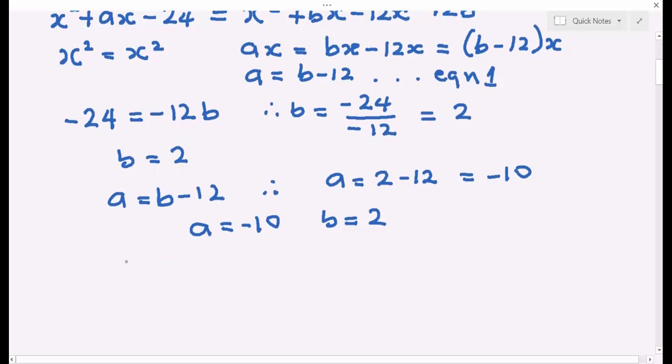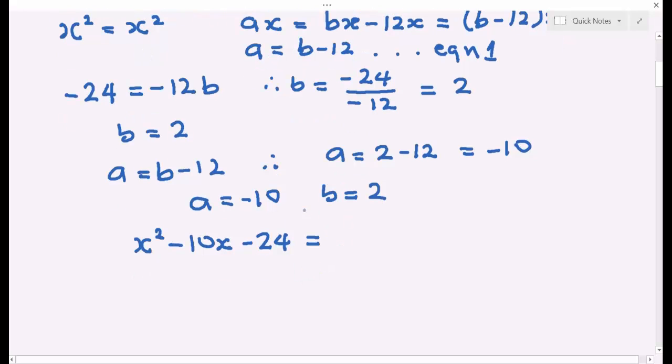If we go to write the original expression, we get x squared minus 10x minus 24 equals (x plus 2) into (x minus 12).